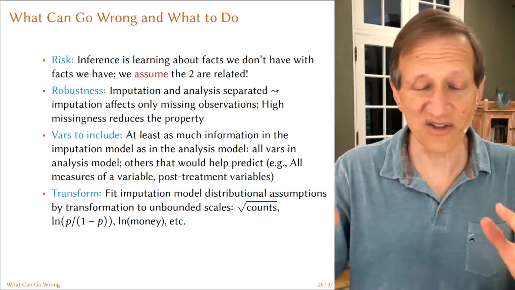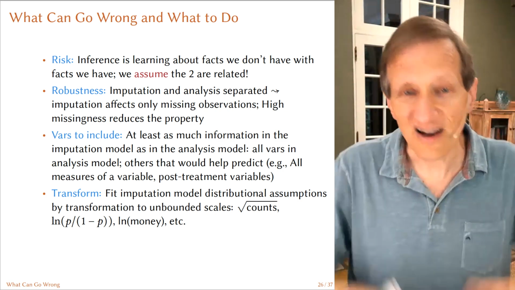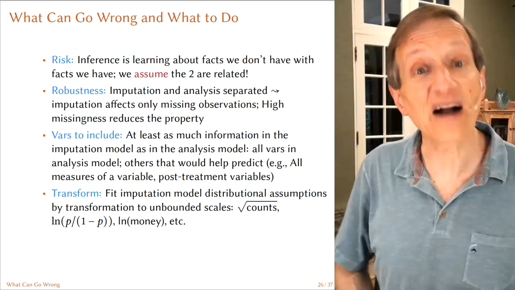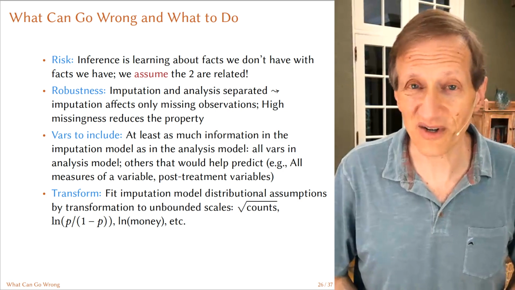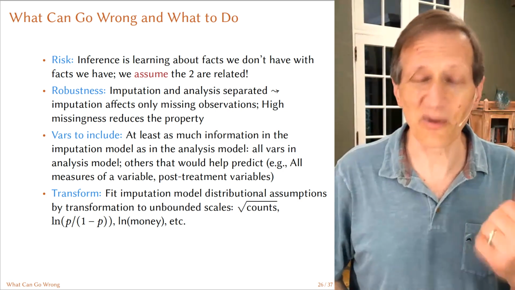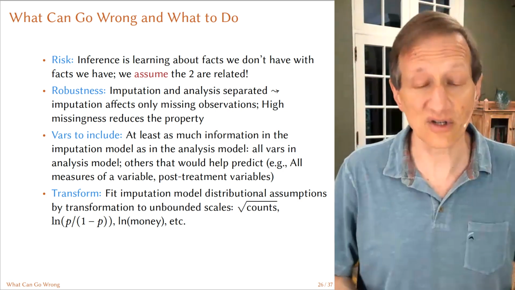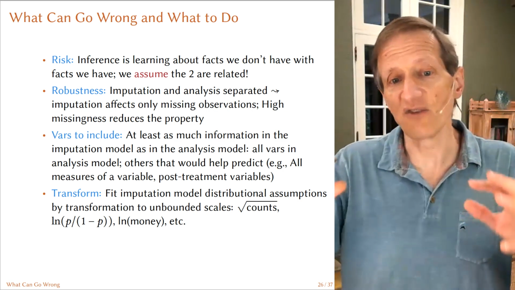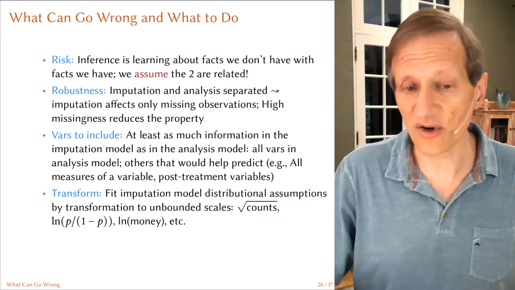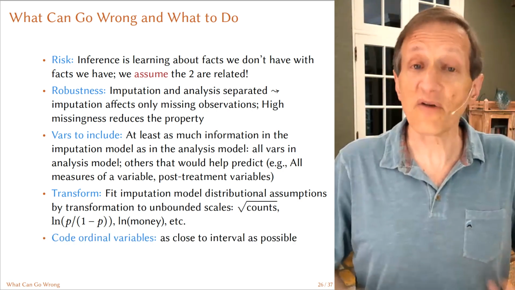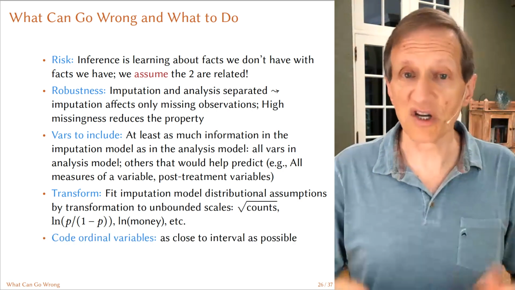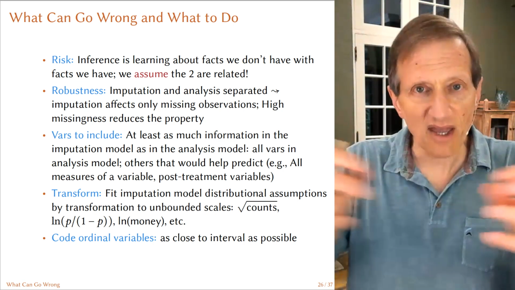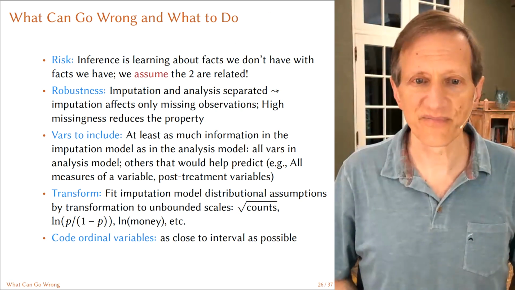You can take the log of it and make it a bit more symmetric, or use something like the Box-Cox distribution that I described earlier under the robust standard errors talk. There's lots of other things you can do to get the variables to be roughly linear and roughly normal or continuous. If you have ordinal variables, the technique is going to assume they're interval, so code them as close to linear as possible.